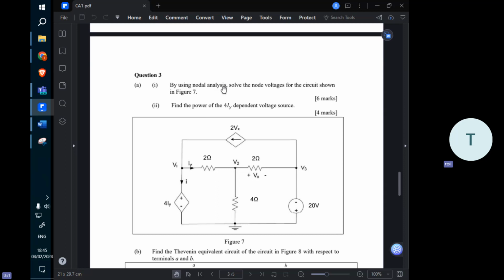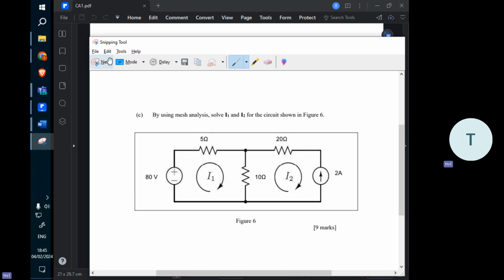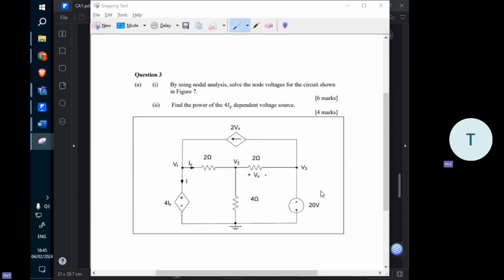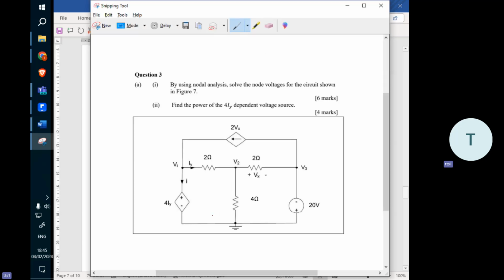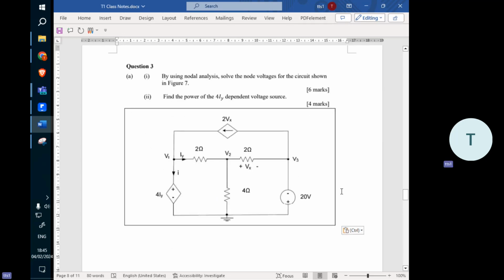This is the opposite of mesh analysis. So for question 3, look at the circuit here. Nodal analysis.